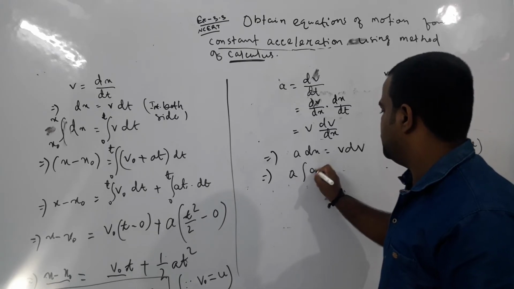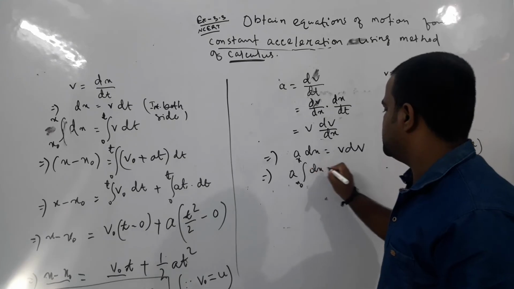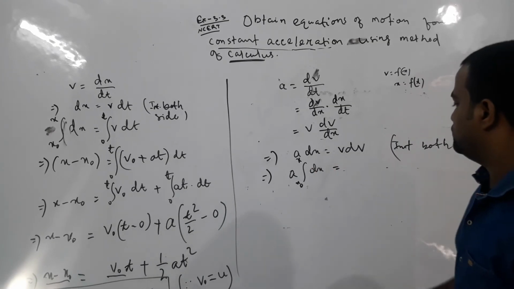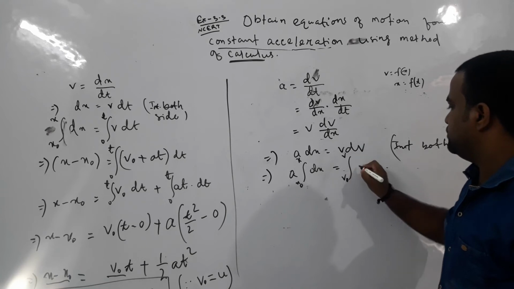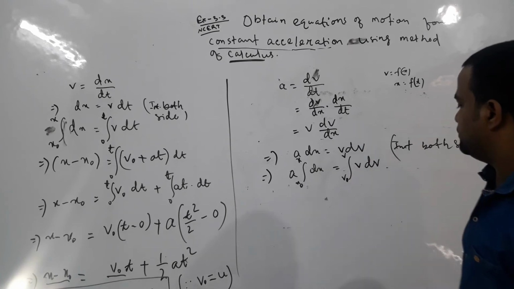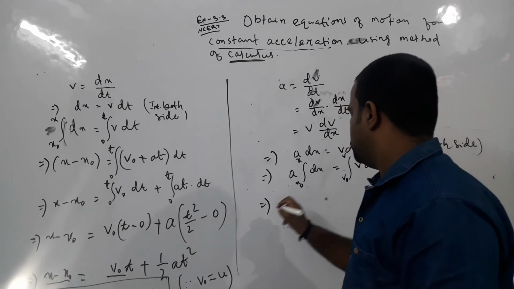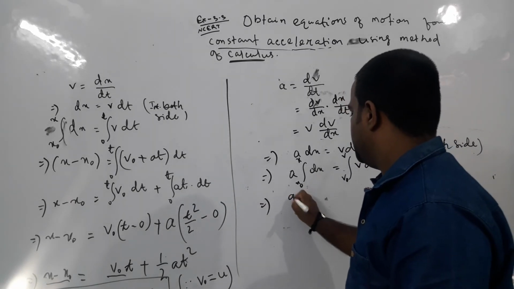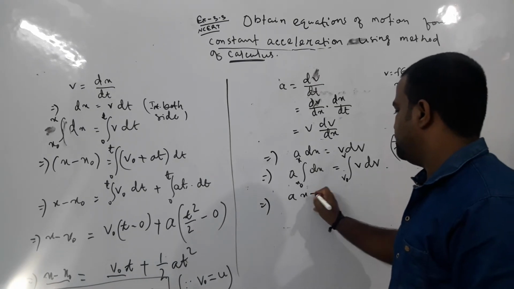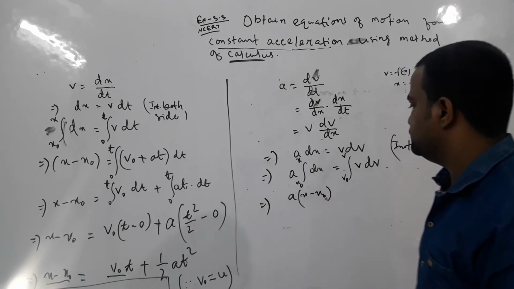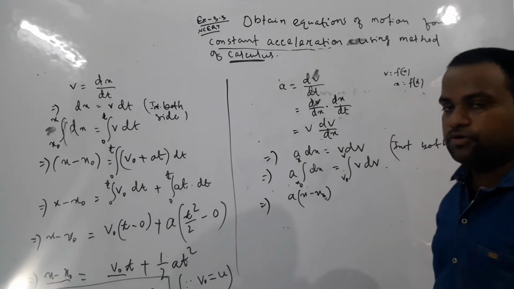a will come out, the integral of dx from x0 to x is equal to the integral of v dv from v0 to v. v is the variable here. Now a times the integral of dx is upper limit minus lower limit. In one video I will show you how to do all this integration.